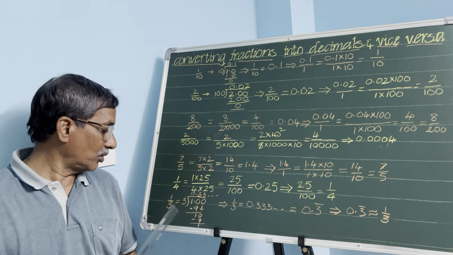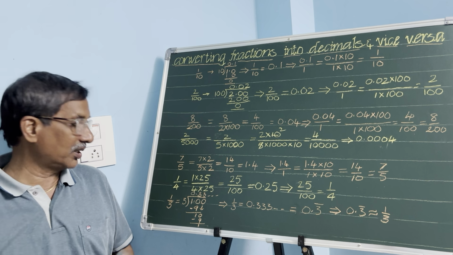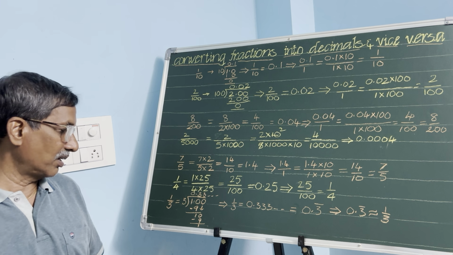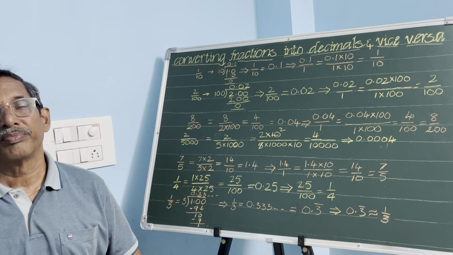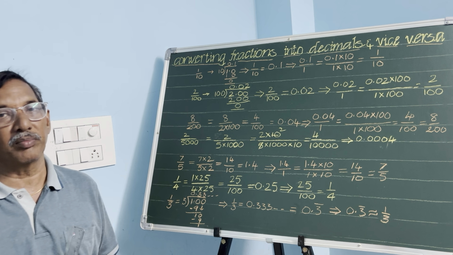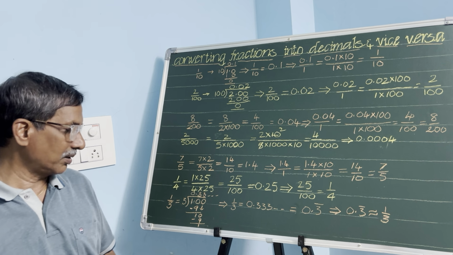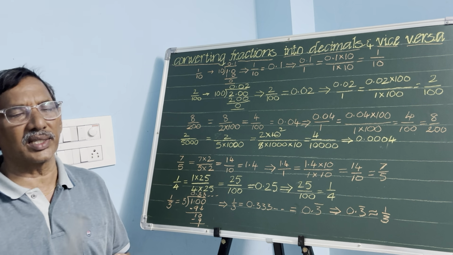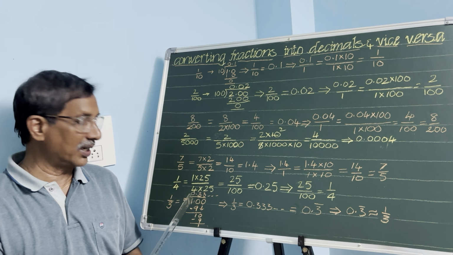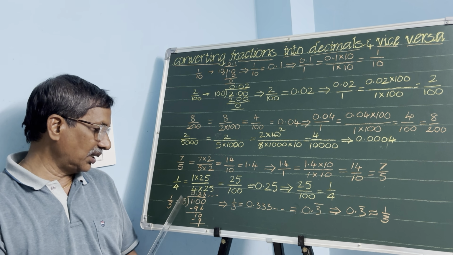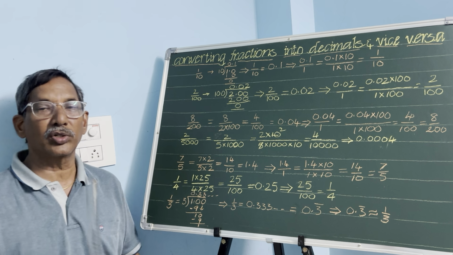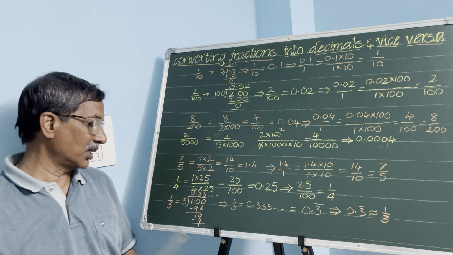Coming to the next, 1 over 3. Let us perform the normal division. 1 by 3. You cannot divide 1 by 3 directly, because 1 is a smaller number and 3 is a bigger number. So as in the other cases, write a decimal point here and add a 0, and it will become 10. We know that 3 3's are 9. Since we have added one decimal point here, there should be one decimal point in the quotient also.